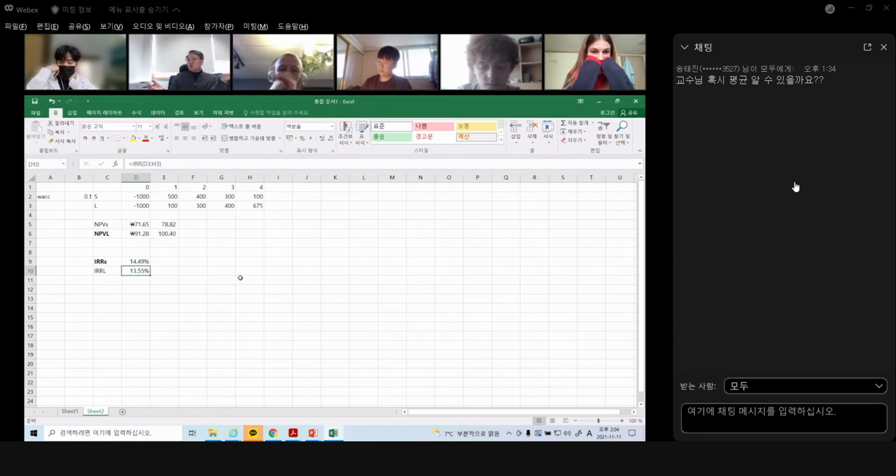What should we do? Which one should we use, NPV or IRR? Which one is better to make the decision? When you use the NPV, L should be chosen.